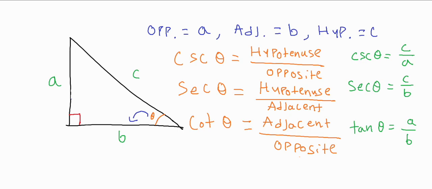So cotangent of theta, since it's adjacent over opposite, is b over a, adjacent to theta over the opposite of theta.